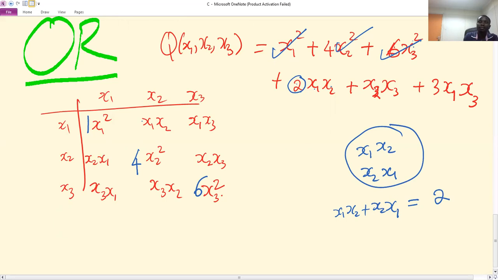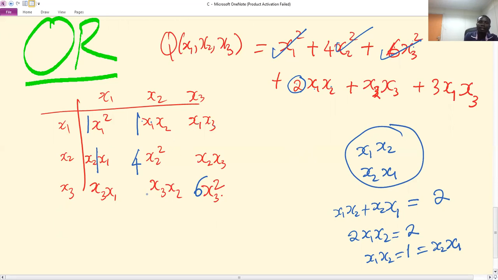These two have the same value. So 2x1x2 is the same as 2, which means x1x2 is 1, which is the same as x2x1. So simply divide by 2 and share 1 here and another 1 in this position.